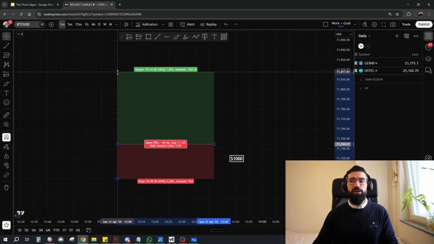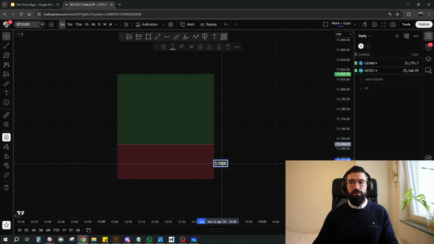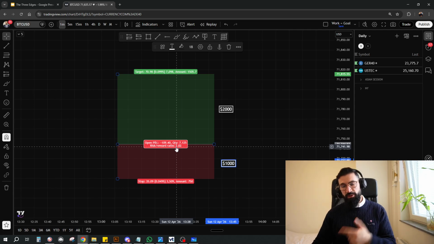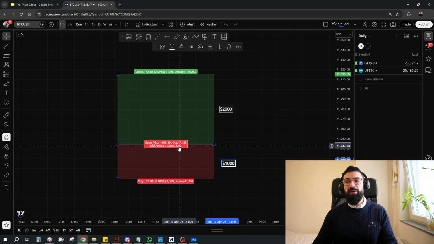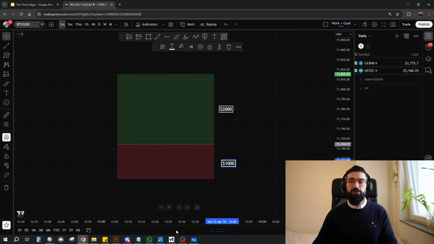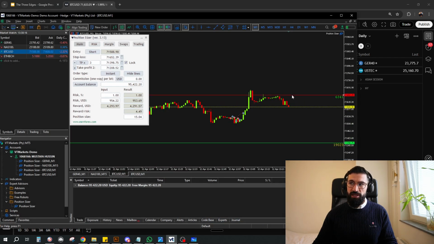So if I'm willing to risk $1,000 to gain $2,000, that's 1 to 2, it times 2, multiplication. And this is the same thing that we want to use on our position size calculator.